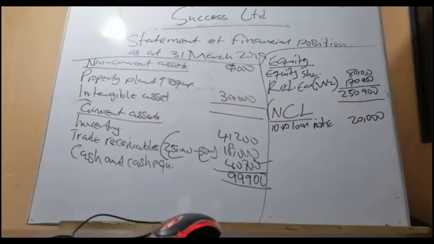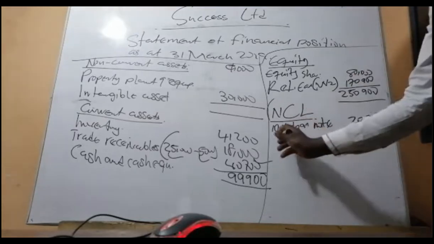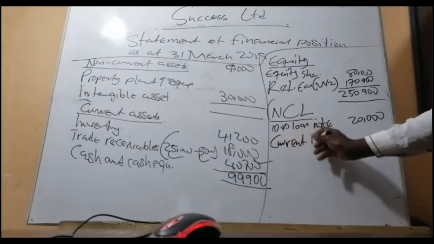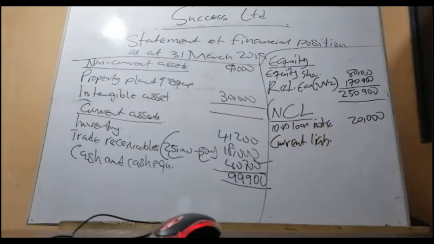In fact, this figure will not change even if we affect it with the footnote. It will still be 20,000. So originally you know the position before the footnote, and then after the footnote, you know the position after the footnote. Good. Then you go to current liability.